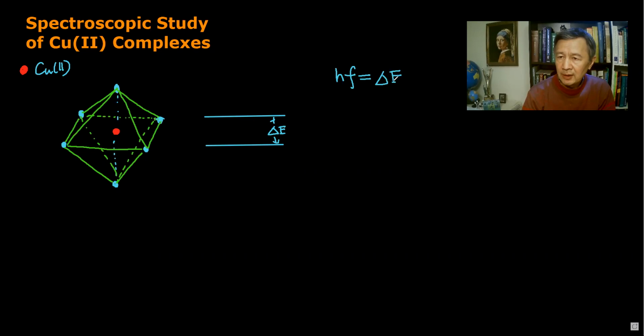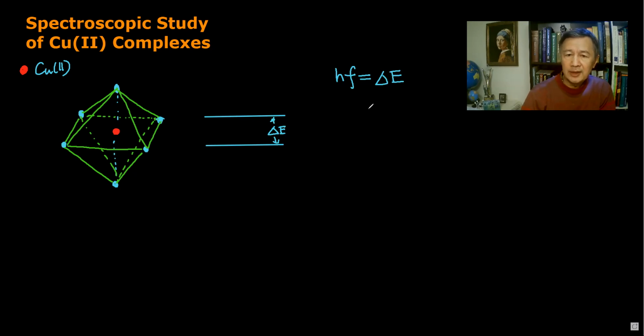So this is the resonance condition for the absorption. On the right-hand side is the energy interval. On the left-hand side is the energy of the photon with frequency f, where h is the Planck constant.